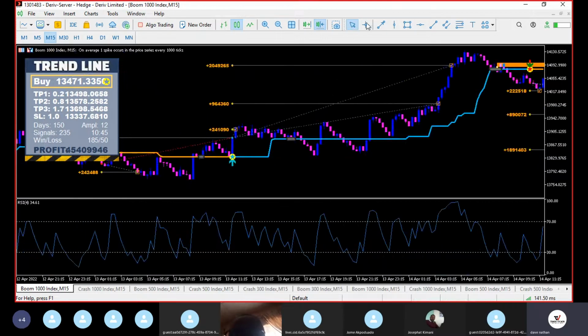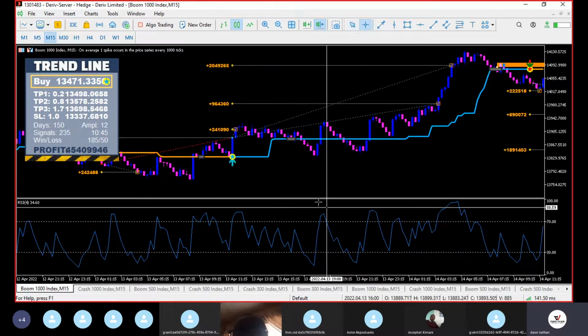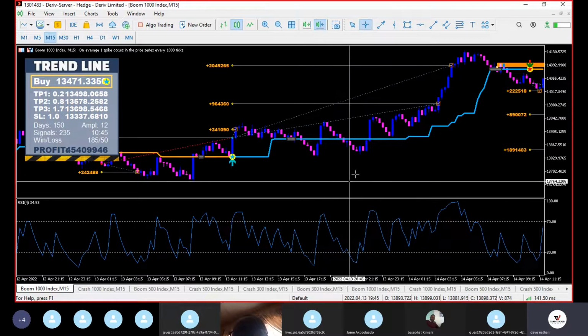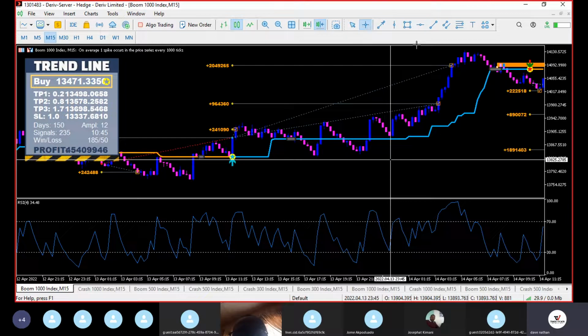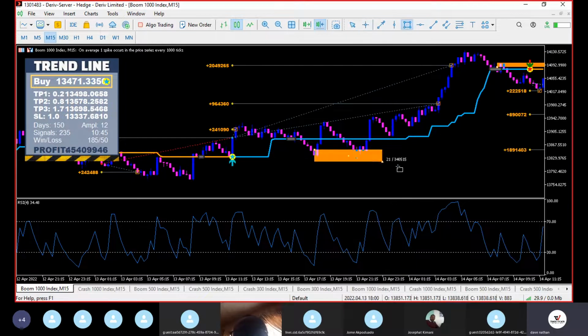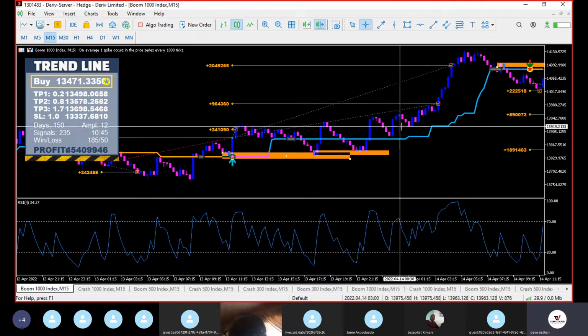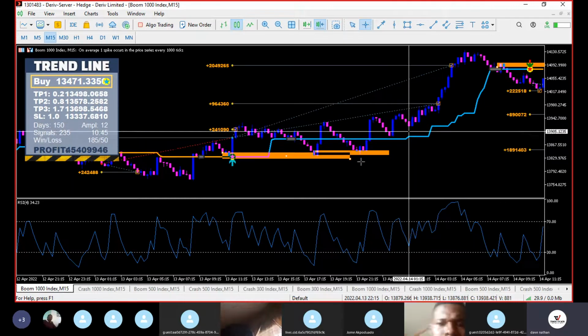So when we had our buy sentiment, we would have enjoyed this trade as a result of this zone here. Also enjoyed this as a result of this order block here. Order block here. There was also another order block here. And then when we got this buy signal, there was no divergence.